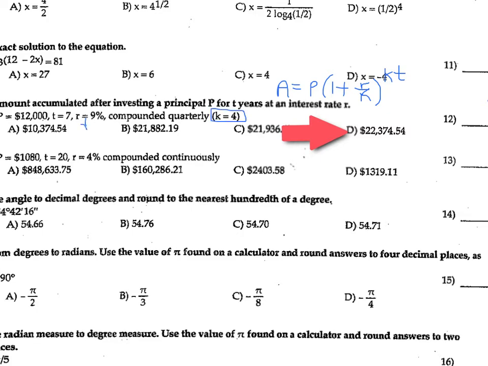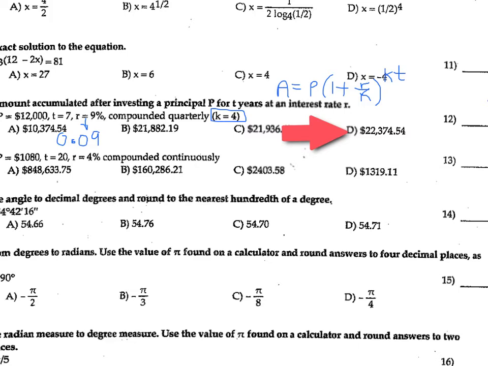The rate would be 0.09, and here they give you the principal. So when you put all of that into the formula, you have the principal, the rate, the K, and T is given as 7. Just put everything into the formula, and that would give you the answer.